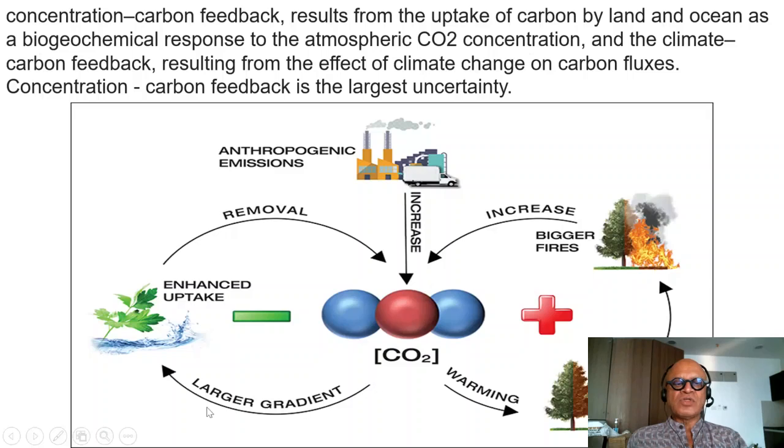Whereas here you are going to increase the gradient of the CO2 between, let's say, within the leaf and the atmosphere, and we will see that the difference between CO2 inside and outside, as we saw in the last chapter briefly, is potentially going to drive enhanced uptake, but we will see what actually limits this so-called carbon fertilization. If it happened, then it would enhance the uptake. Also the same with the ocean. We will again look at that, and that will result in removal of CO2.